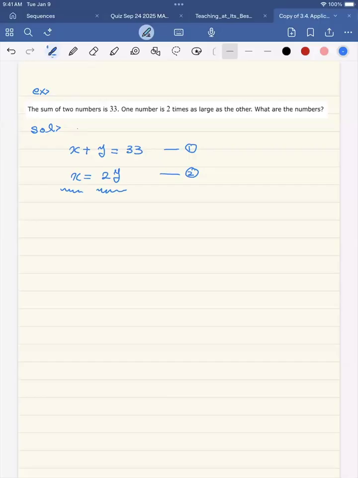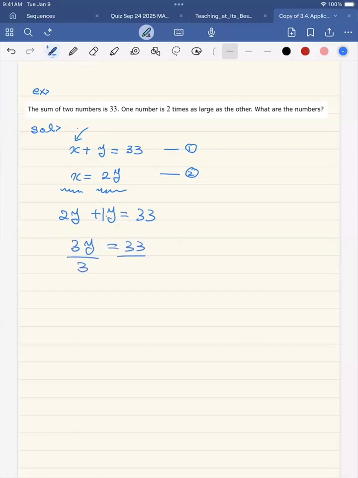So what we have to do is solve the equation. x can be represented by 2y, so we will write 2y instead of x in the first equation. Then we have 2y plus y equals 33. So 2y plus y is 3y, which is 33.